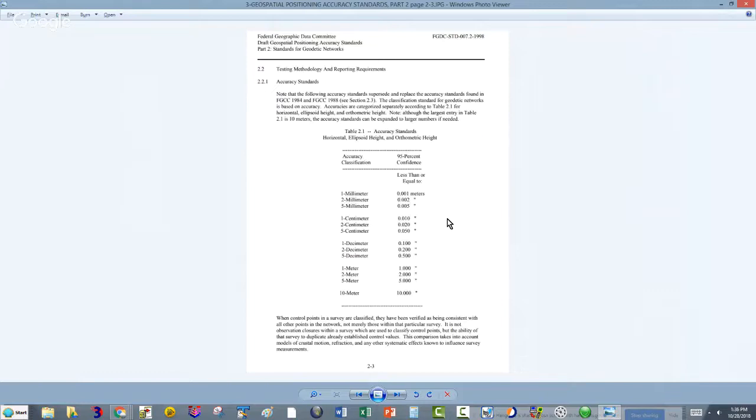It's just an example. Of course, the accuracy that you specify will dictate the type of equipment required to achieve those accuracies, and these are quoted at a 95% confidence level.